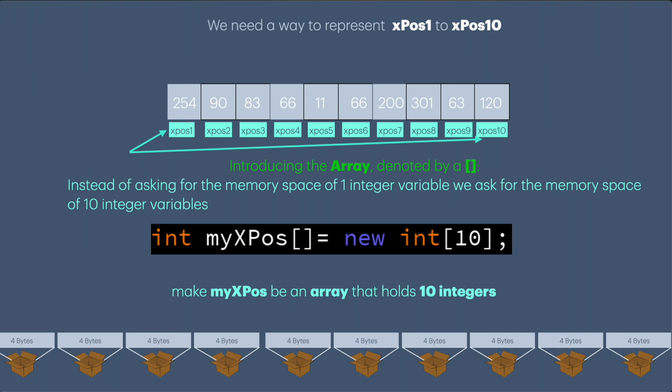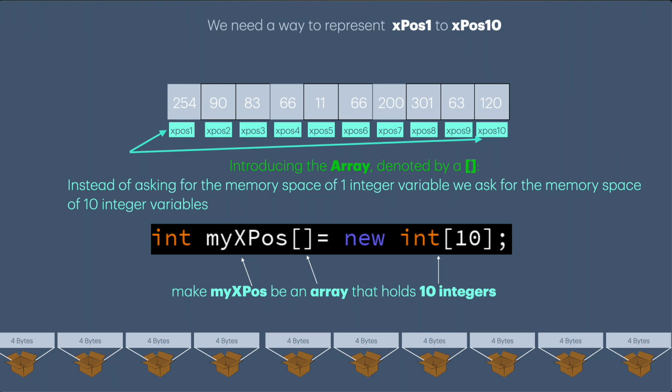So what we're saying here is create a variable named my x position, have it be an array, meaning it's going to refer to multiple integer values in memory. And we know they're integer values because we have the int at the very beginning. So this is not a single int, this is many ints, and have it hold 10 integers.